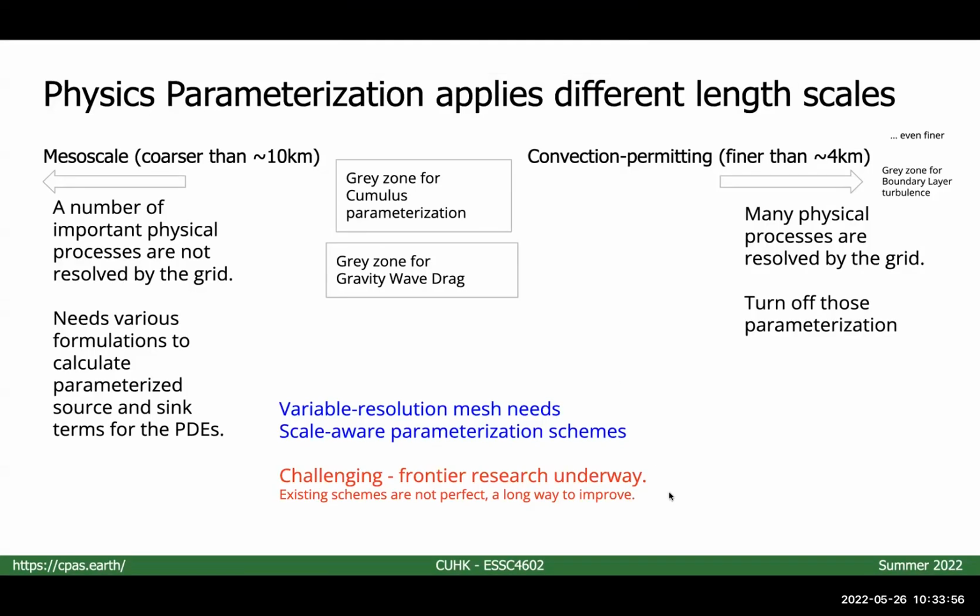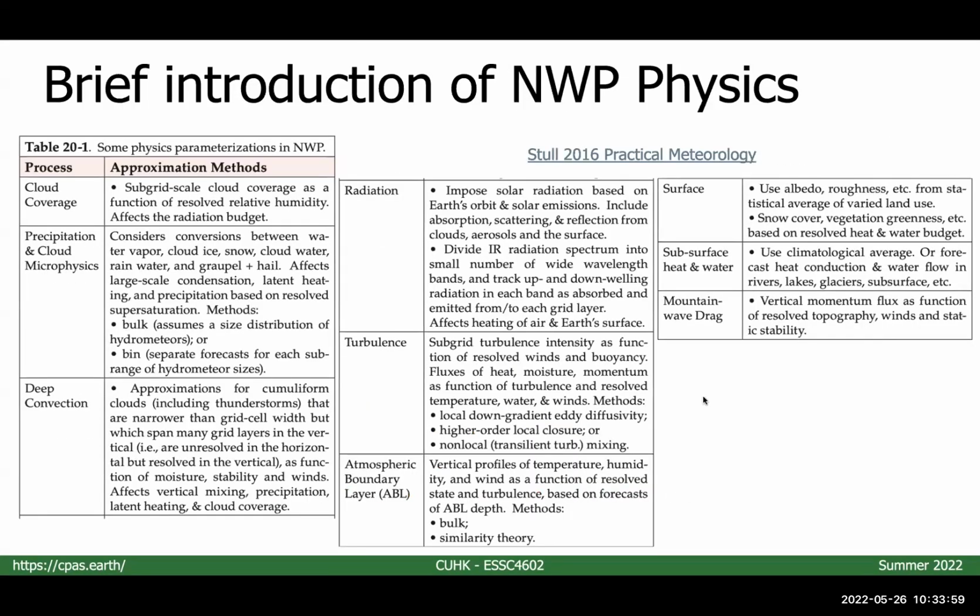So the next thing to introduce is from Stull's book. The book lists out physical processes that should be handled by physics parameterizations in numerical weather prediction. So I need to introduce these to you. The first one is cloud coverage.